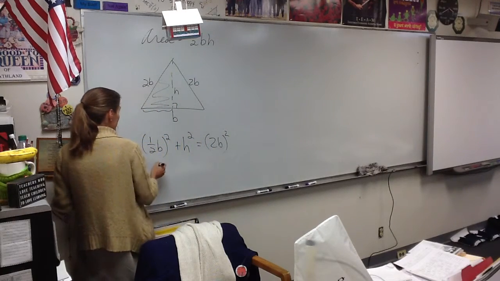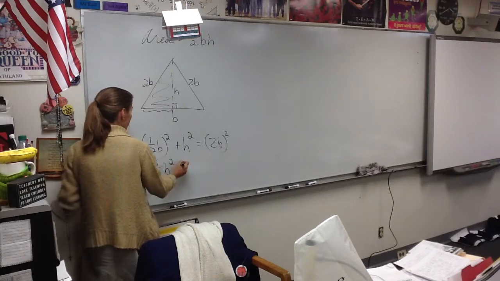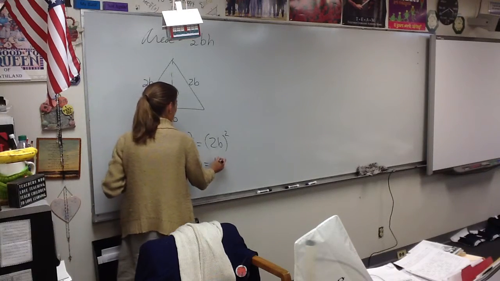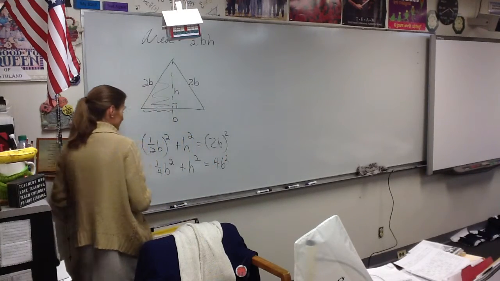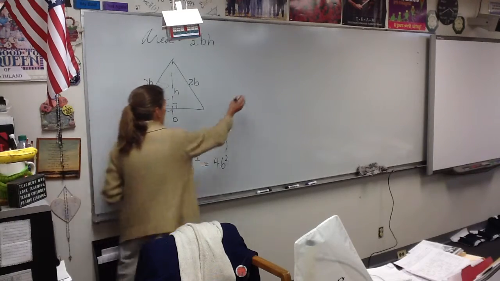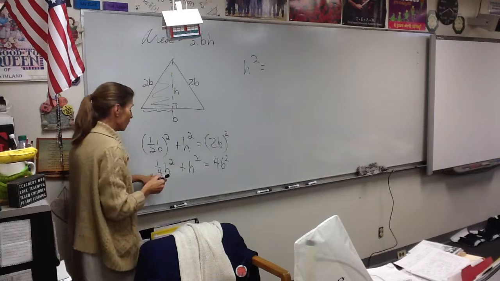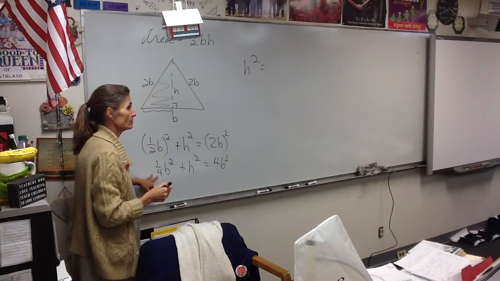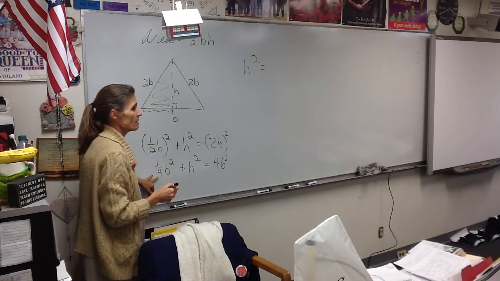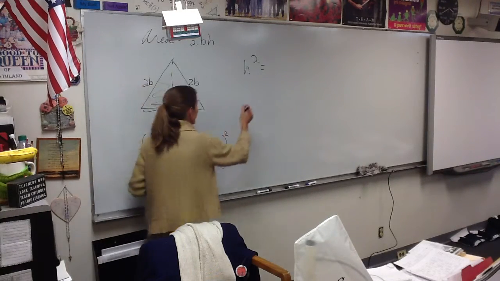Yep. So this is going to be 1/4 B squared. And this is going to be 4B squared. So what does H squared equal? What's 4 minus 1/4? Oh, let's not use a mixed number. It's hard to take the square root of a mixed number. 3 3/4. What is that? 15/4?